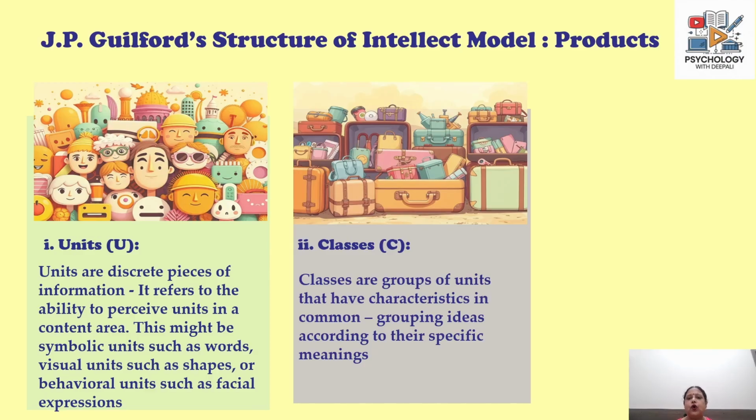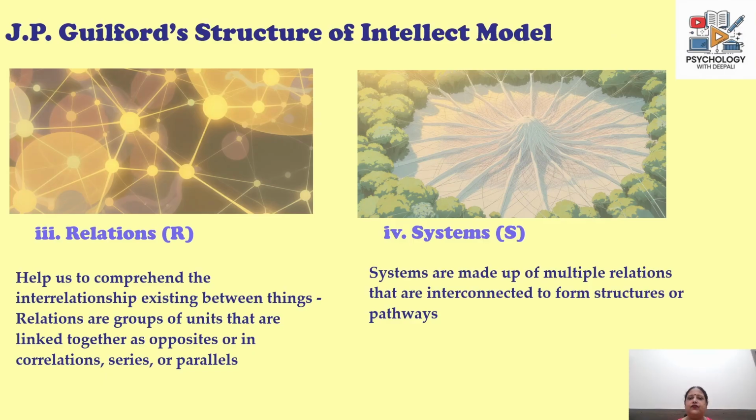So we have grouped all the units of different facial expressions that we have observed, and now we are grouping it together to form a class or a category where we are now able to categorize which emotional state this person is undergoing.